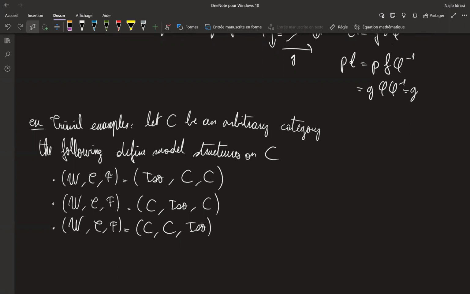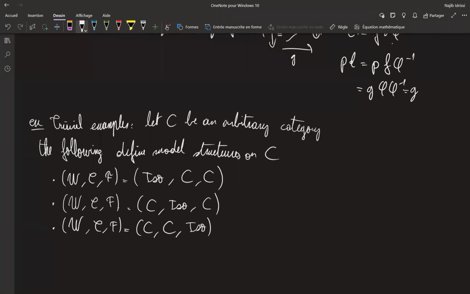As I explained last time, the point is to invert weak equivalences. Here you only invert isomorphisms, which are invertible anyway. So what's the point? And here you invert everything. So if you invert everything, then your category becomes equivalent to a trivial category, either empty or just a point.